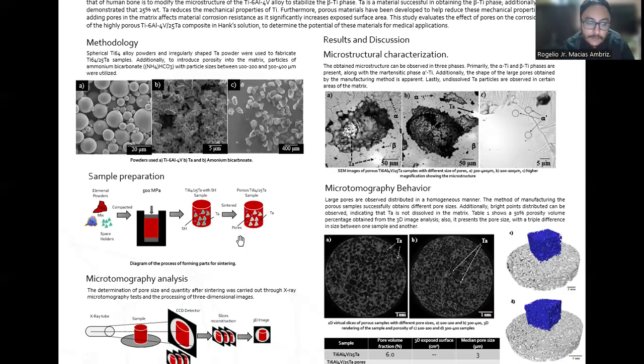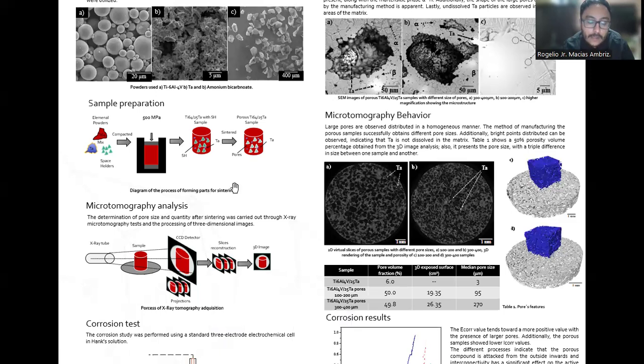The preparation method was mixing the powders with the weight ratio between titanium and tantalum. In addition, these powders were mixed with 40% volume of ammonium bicarbonate particles of both sizes.